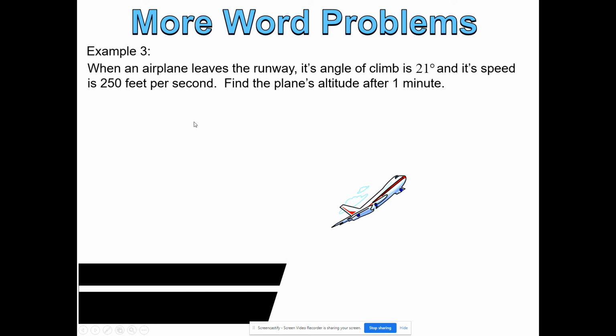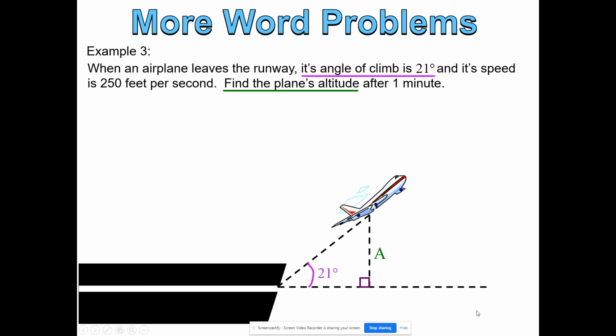Okay, example 3. We've got this airplane leaving the runway. Its angle of climb is 21 degrees, which is an angle of elevation, and its speed is 250 feet per second. So for every second, it's traveling 250 feet in that direction. Let's mark that angle of climb 21 degrees. It says find the plane's altitude after 1 minute. We want to know what that height is, that altitude A, after 1 minute. This comes into play when we look at the speed.